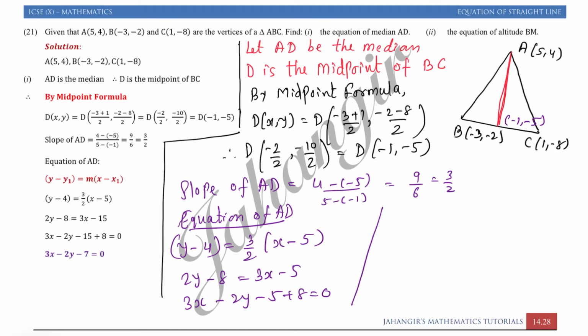Shift all terms to one side: 3x - 2y - 15 + 8 = 0. 15 minus 8 is 7, so 3x - 2y - 7 = 0.